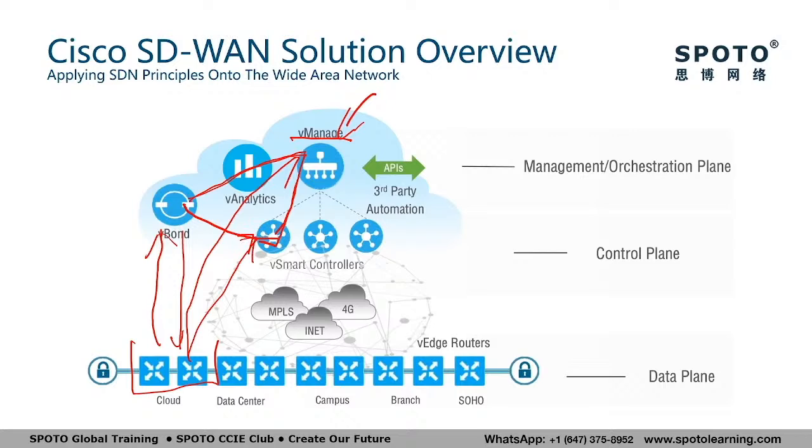And after that, the vEdge router talks to the vManage and the vSmart controller. This is the control plane, right? Then the vEdge routers will form the data plane based on the instructions received from the vManage and the vSmart. This is at a high level how this solution works.